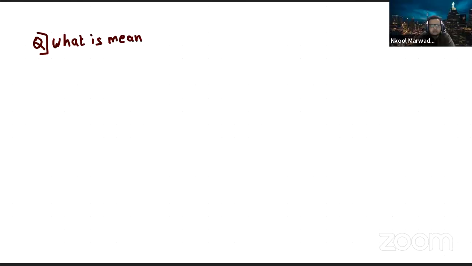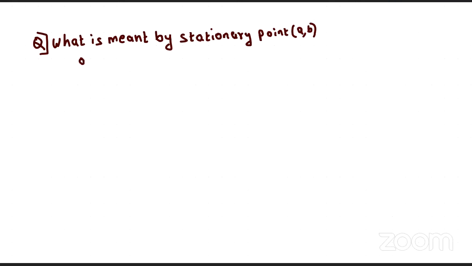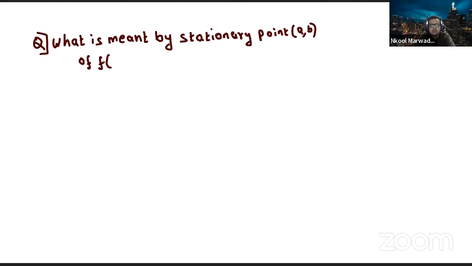What is meant by stationary point (a, b) of the function f(x, y)? So we have a function of two variables x and y, and we have to check what a stationary point (a, b) is.